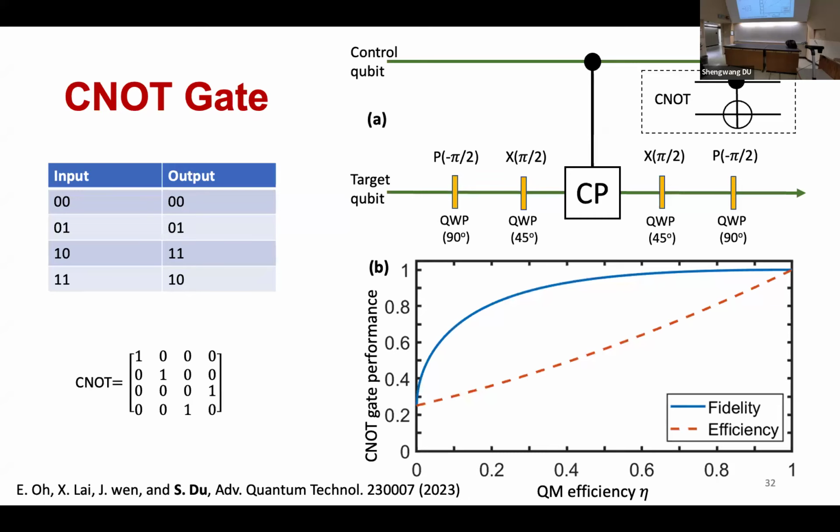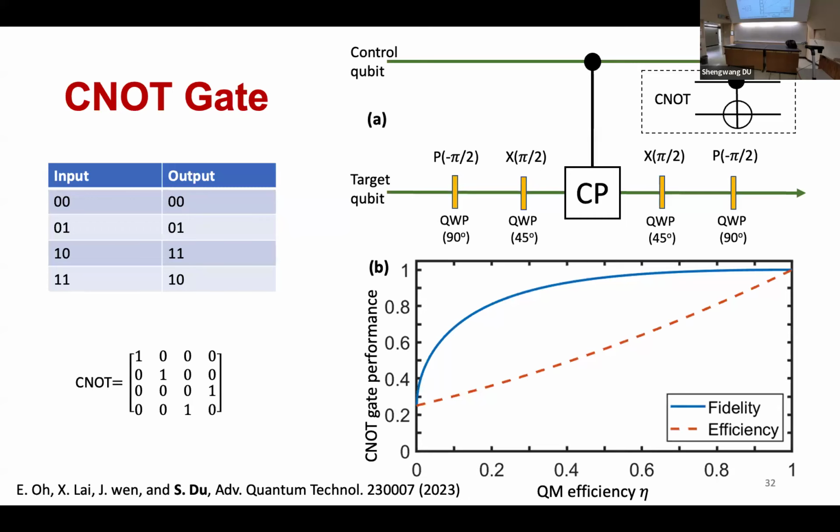Here we calculate, because there are two important things: one is the fidelity of the gate, another is the efficiency of the gate, because here the quantum memory efficiency matters. From here we show the C-NOT gate performance as a function of the quantum memory efficiency.